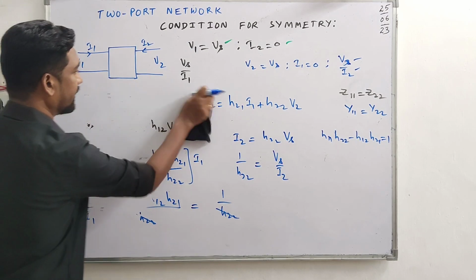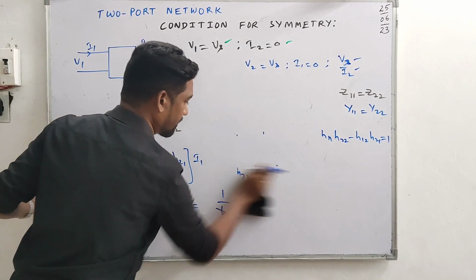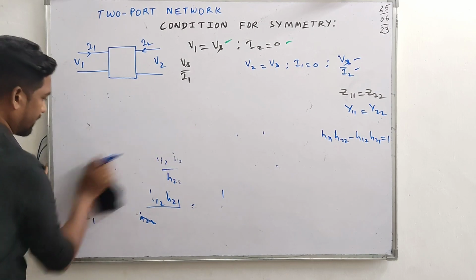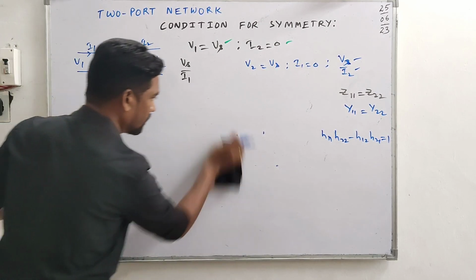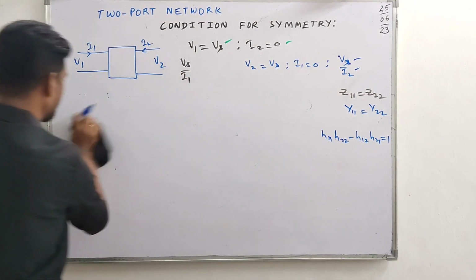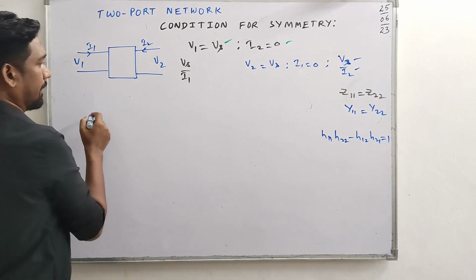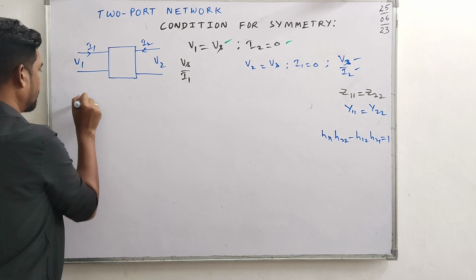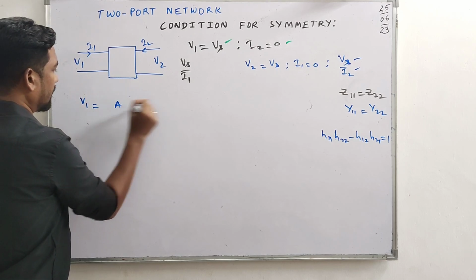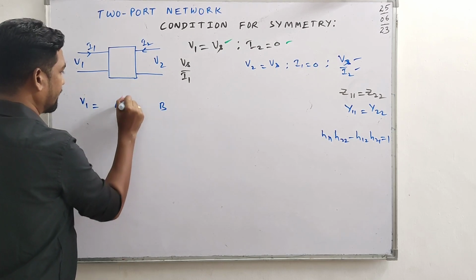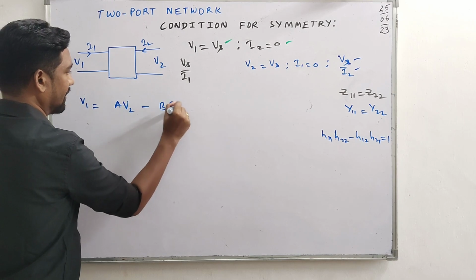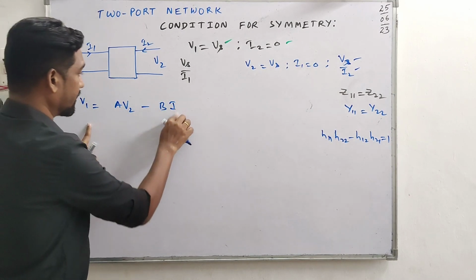All right. On the other hand, ABCD parameters, be careful over here. We have a negative appearing in the ABCD parameters. What are those equations? V1 will be equal to A, B times V2 and minus I2, the first equation.